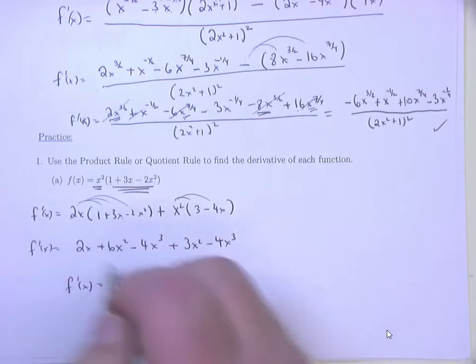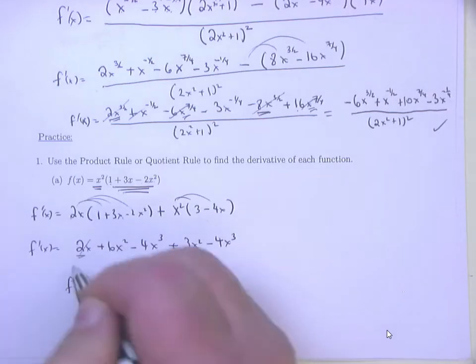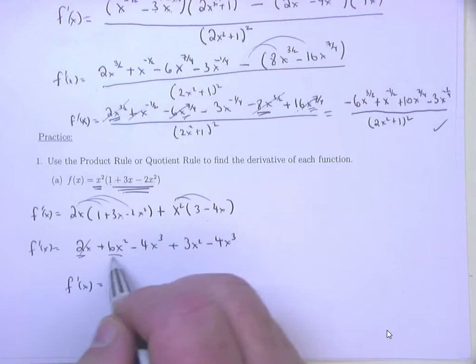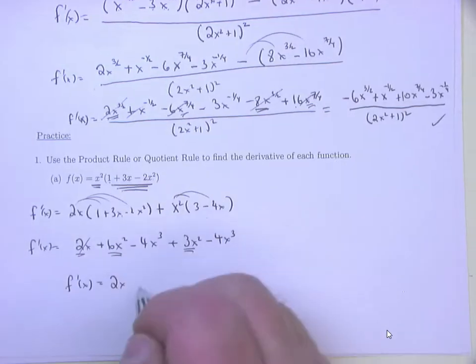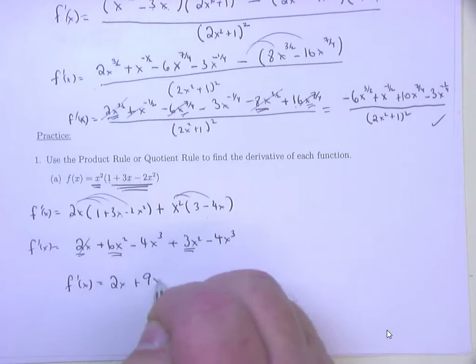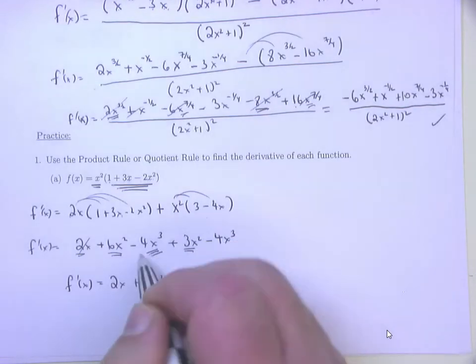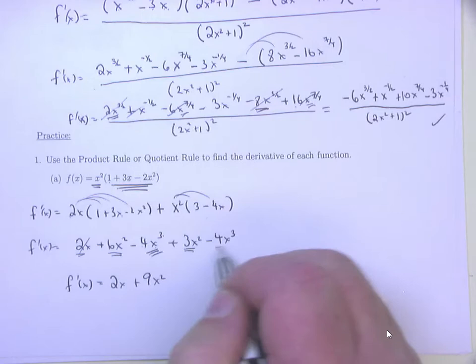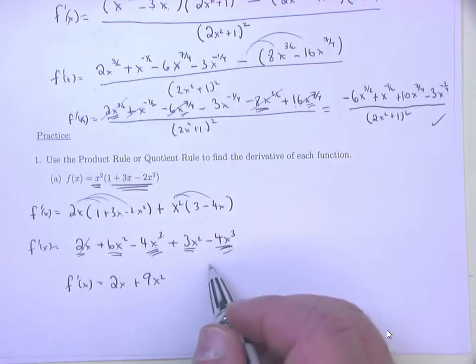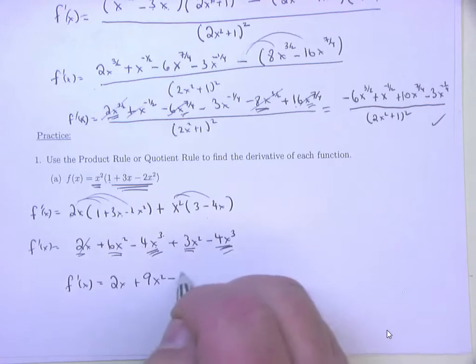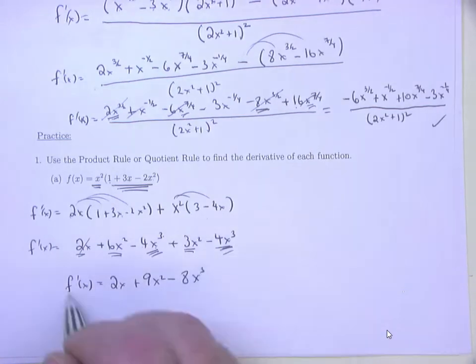Okay, I've got a 2x, I've got a 6x squared plus a 3x squared. How much do I have? Plus 9x squared, and then I got a minus 4x cubed minus another 4x cubed. What's minus 4x cubed minus 4x cubed? Minus 8x cubed. And there's my result.